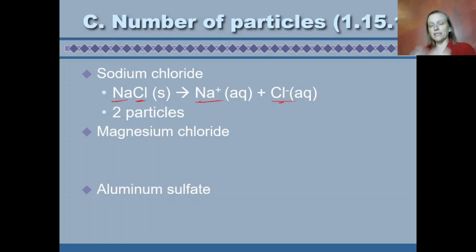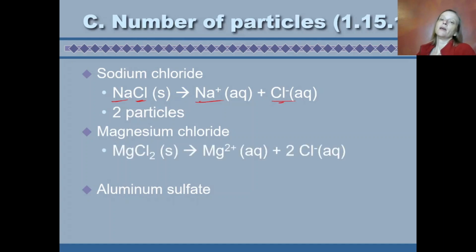So sodium chloride breaks up into two particles. Magnesium chloride, on the other hand, has the formula MgCl2. When it dissolves in water, it splits into three particles, one magnesium and two chloride ions. So magnesium chloride creates three particles in solution.